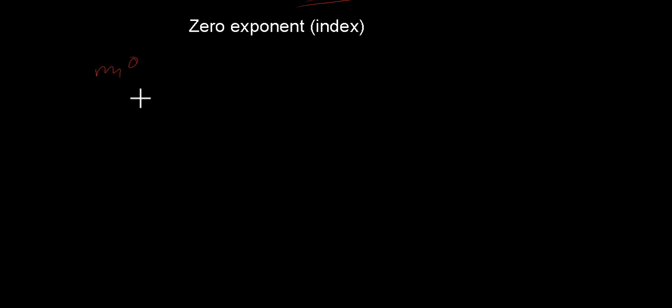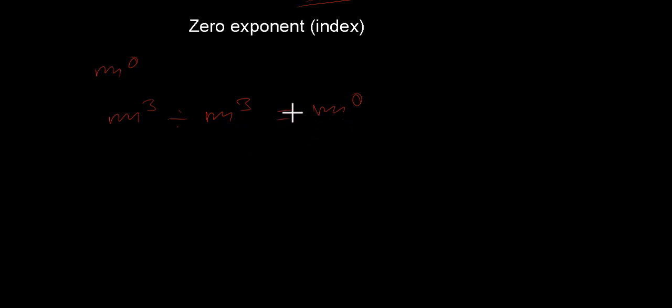We consider when we have m to the power 3 divided by m to the power 3. We know that this will give us m to the power 0. So m could represent any number, as I said earlier.